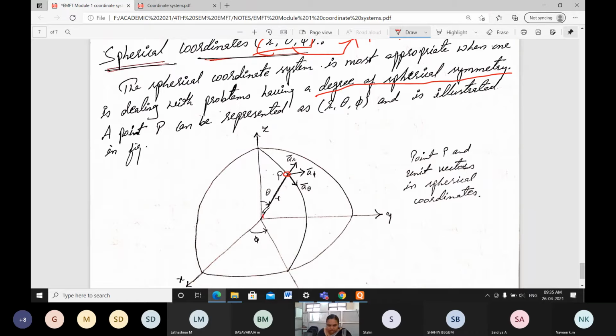Then this is the distance that we are taking from the origin towards P. It is taken as r, the radius. Then our unit vectors are going to be varying. In the radius direction, that is taken as AR. Then phi is in this direction, then theta in this direction. A theta, A phi, and AR. This is our spherical coordinate system.